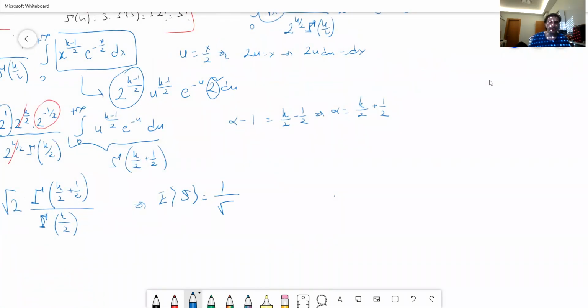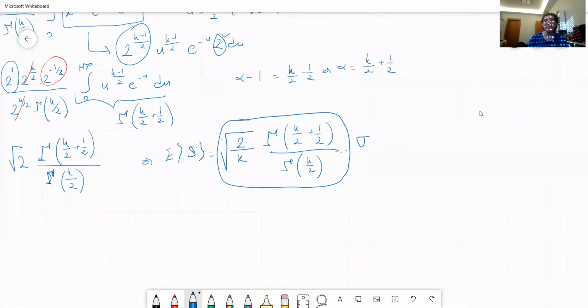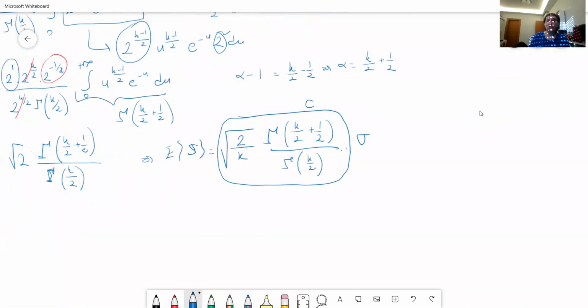Square root of k times, so we can put into the common parentheses here, in the square root we have 2 over k, gamma function, k over 2 plus 1 over 2, over gamma of k over 2, times sigma. And this is going to be, as you can see, the additional factor c here, which depends on k. So the expected value of s is going to be c_k times sigma. k is the degrees of freedom here.